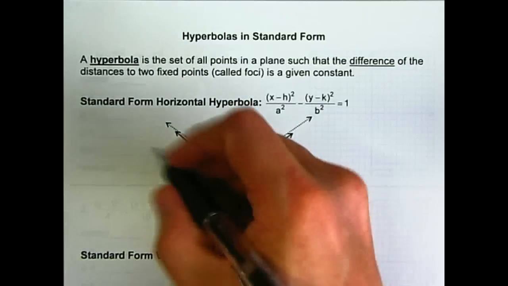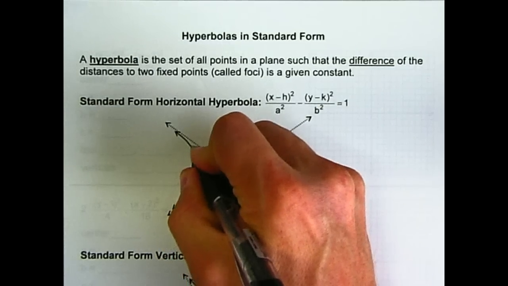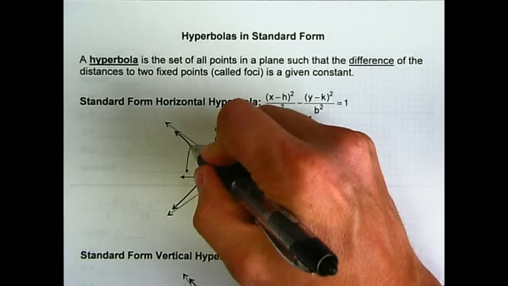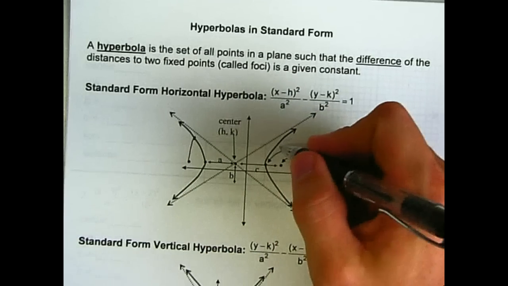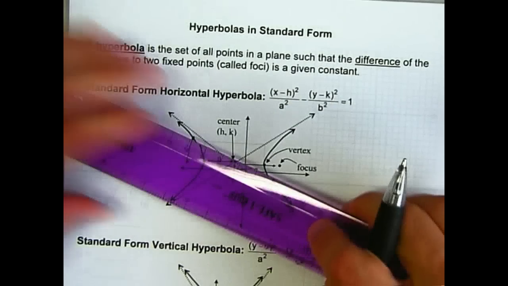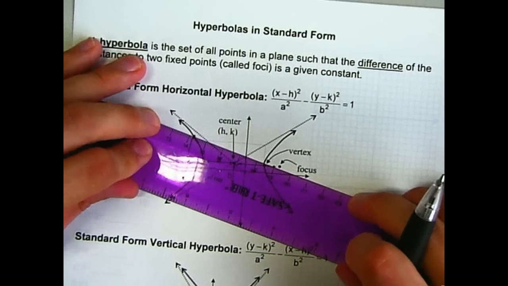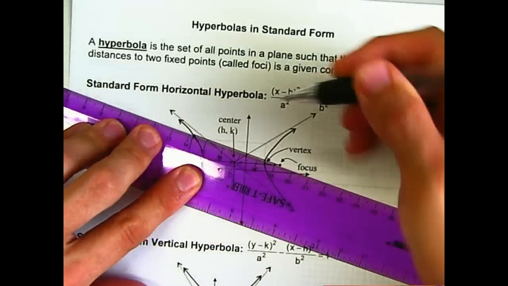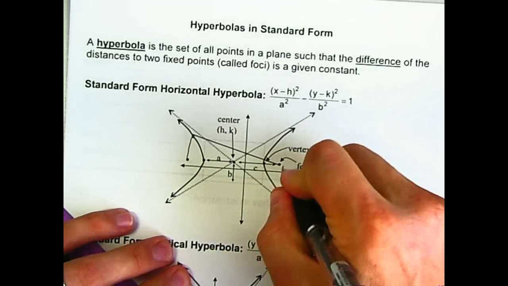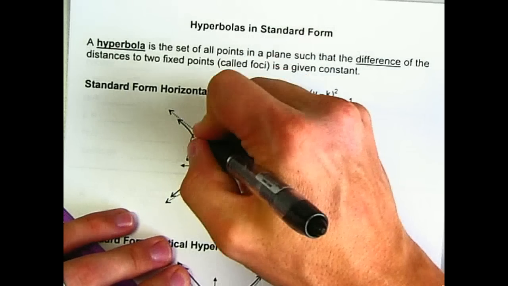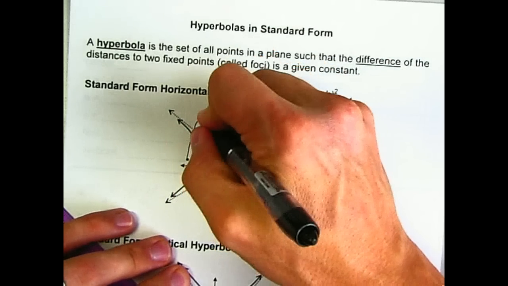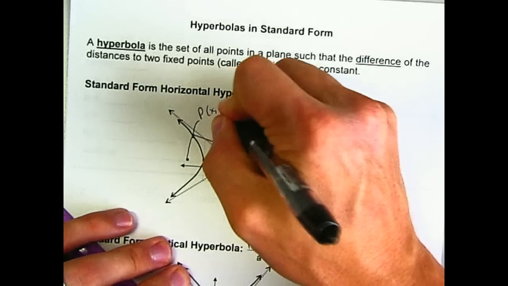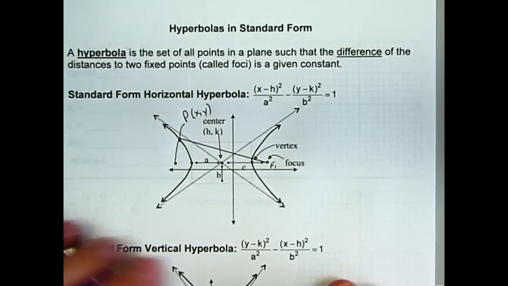So for any point that I pick that's actually on my shape, the distance between the first focus and that point, we'll call this focus 1, and up here is our point, we'll call that (x, y).